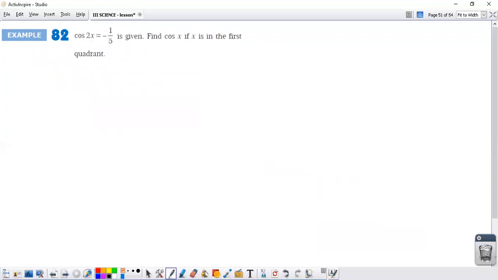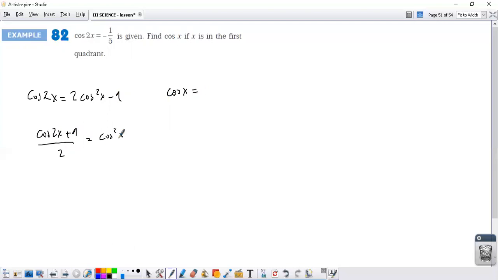Okay. For example 82, cosine 2x is given negative 1 over 5, and we will find cosine x if x is in the first quadrant. So cos 2x is equal to 2 cos square x minus 1. From here, if we isolate cos x, I'm going to take negative 1 to the left side and divide by 2.